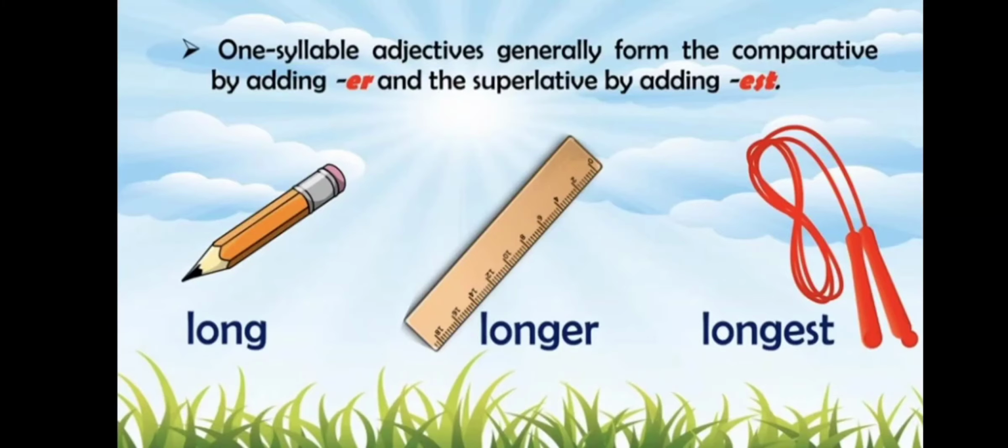Like here, long pencil, it's a positive degree, and we are comparing it to the scale, it's longer. So longer, we will add here er in comparative degree, and longest, it's a superlative degree and we will add here est.